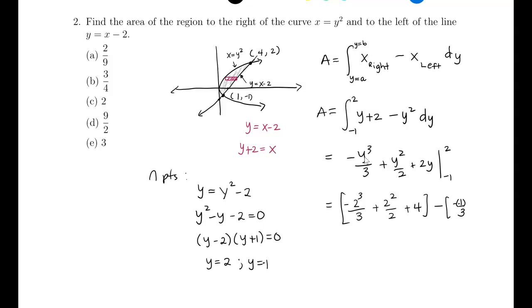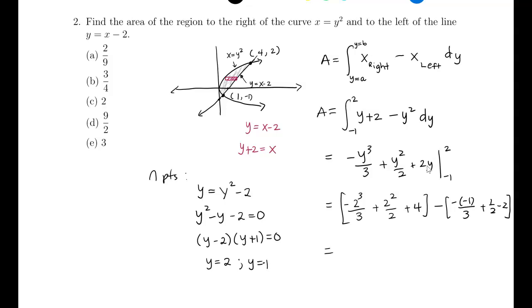So let's have the negative of negative 1/3, plus negative 1 squared is 1, so 1/2. And then 2 times negative 1 is negative 2.